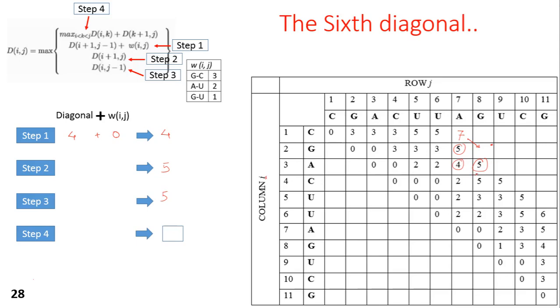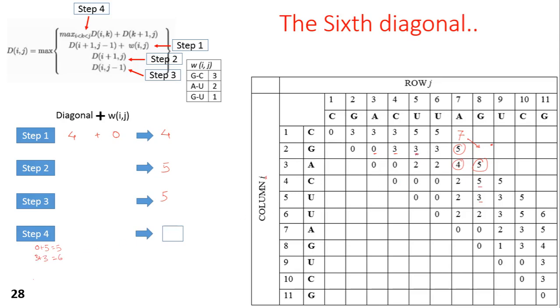Okay, so what do we need to do? We need to add this 0 with this 5. Then we need to add this 3 with this 3, that will give you 6.